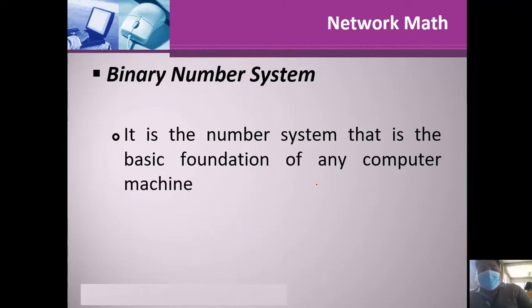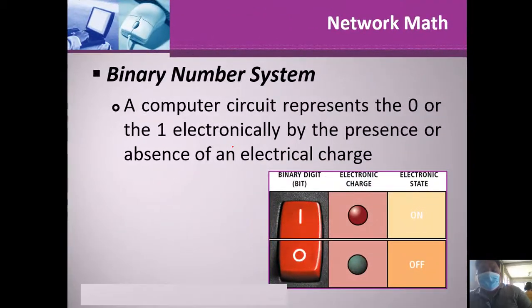This is the binary number system. A computer circuit represents 0 and 1. As I said before, 1 is on and 0 is off. When you see a switch that has 1 and 0, 1 is on and 0 is off.